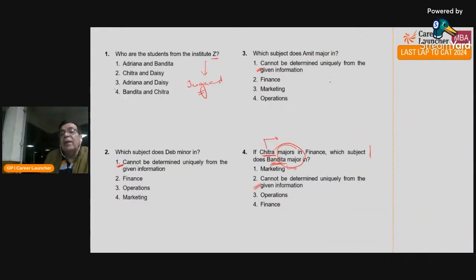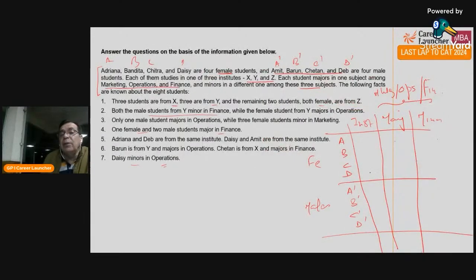Now when I look at again, set number 1, priority 1, we had set number 1. And set number 3. Priority 2, we had put set number 2. Where do I put set number 4? Now set number 4 is a bigger table. The size of the table is huge, while the number of institutes is only 3, X, Y, Z. For each of them, I need to have a different major and minor.